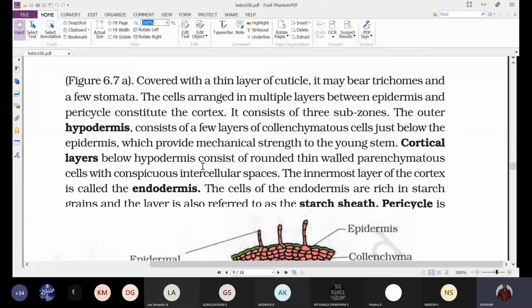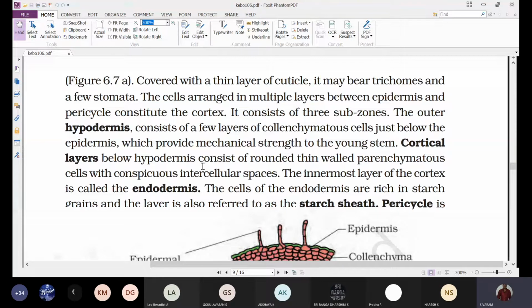But we don't find this cuticle in roots, whether dicot or monocot. Only in the aerial parts like stem and leaves will we find this cuticle. So the epidermis on its outer surface has a cuticle, and it may bear trichomes.